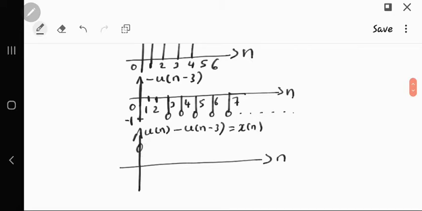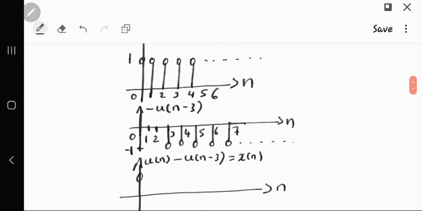At 0, 1 plus 0 is 1. At 1, 1 plus 0, again it is 1. And at 2, 1 plus 0, again it is 1. At 3, here it is plus 1 and here it is minus 1, so that is 0. At 4, plus 1 minus 1, 0.